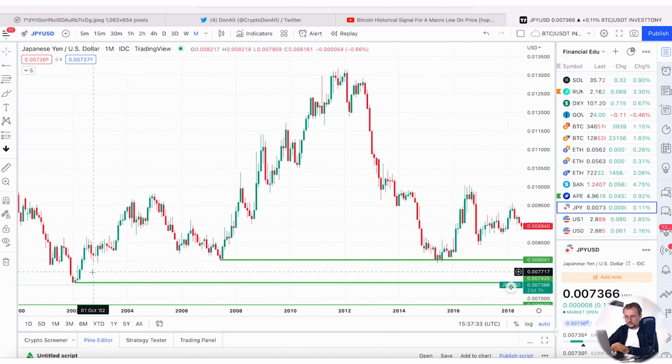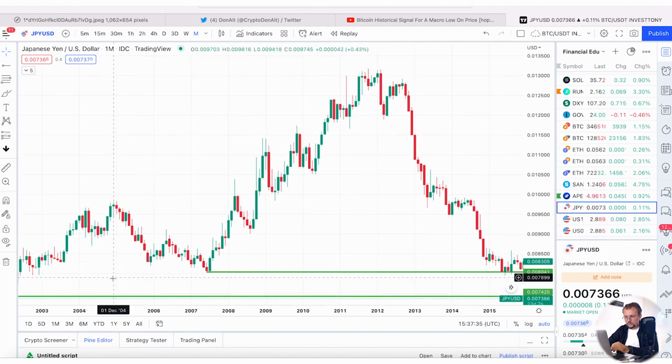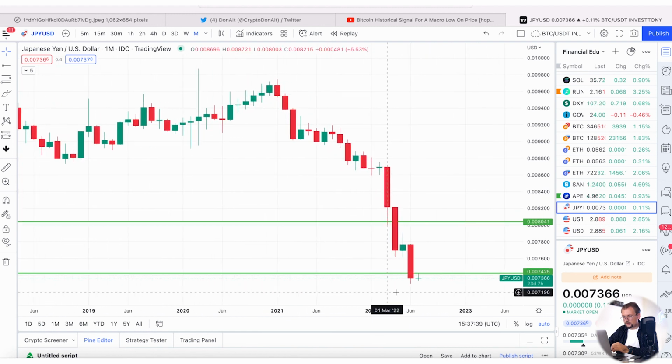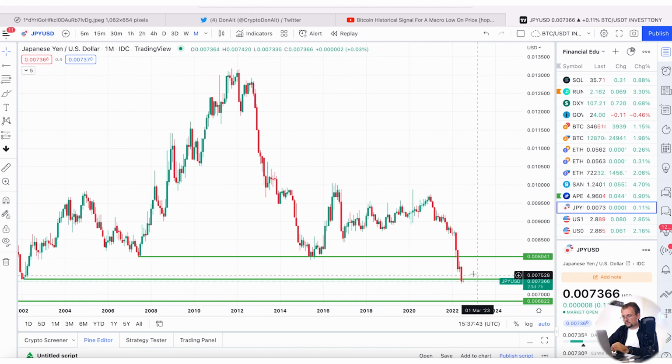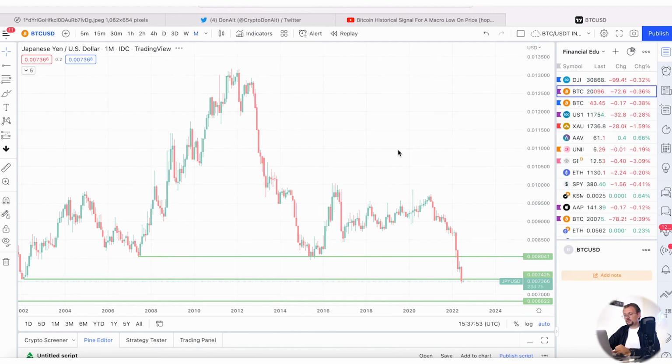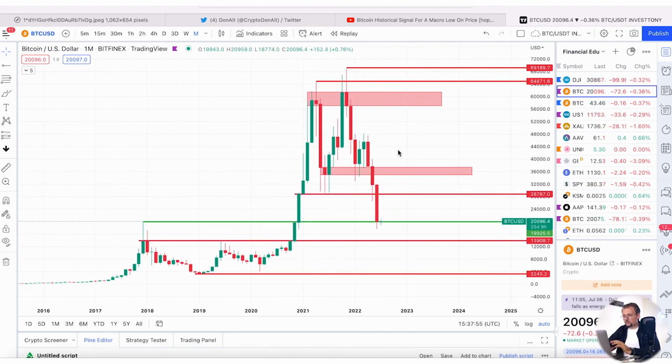And this area right now, it looks like it's broken, and you can see it's retesting it from below, so probably yen has further way down, and the next resistance would be at 68.31. I'm just showing that it works on every single asset, and you can pick whatever you want, you can play with it, you can draw the lines.